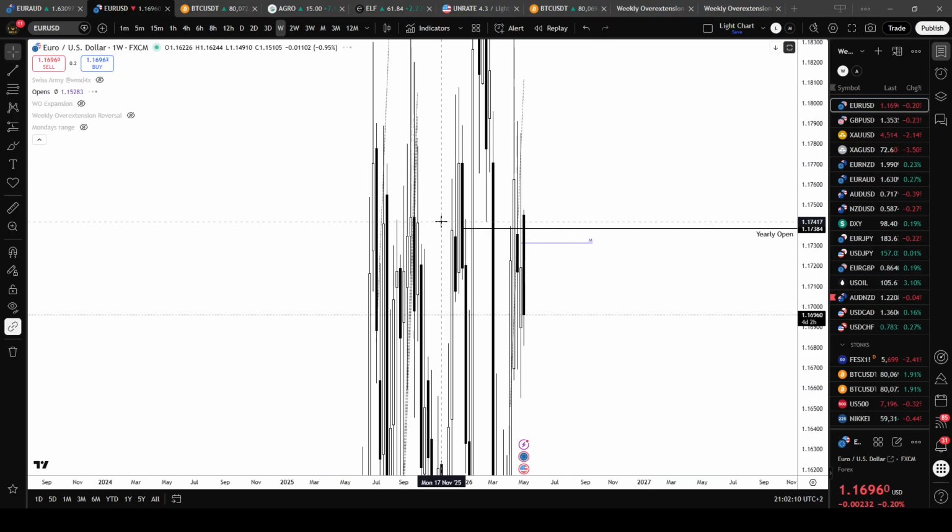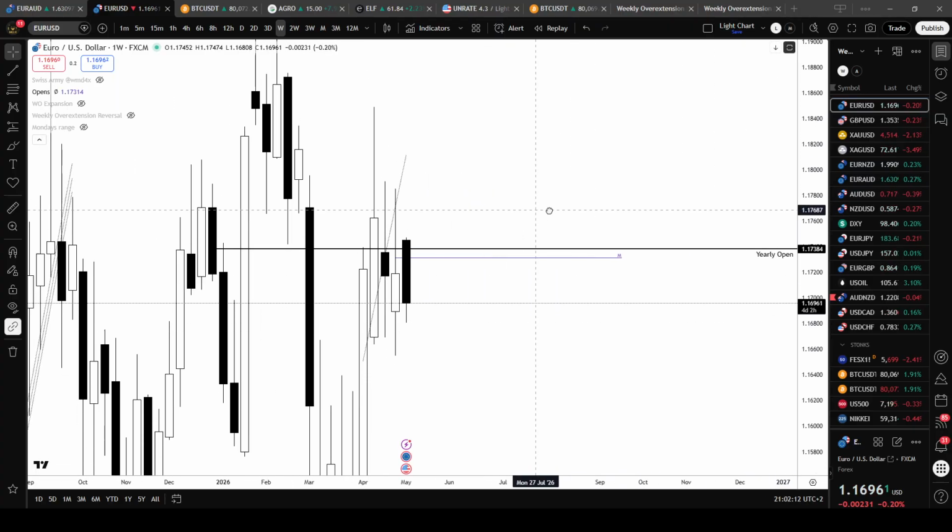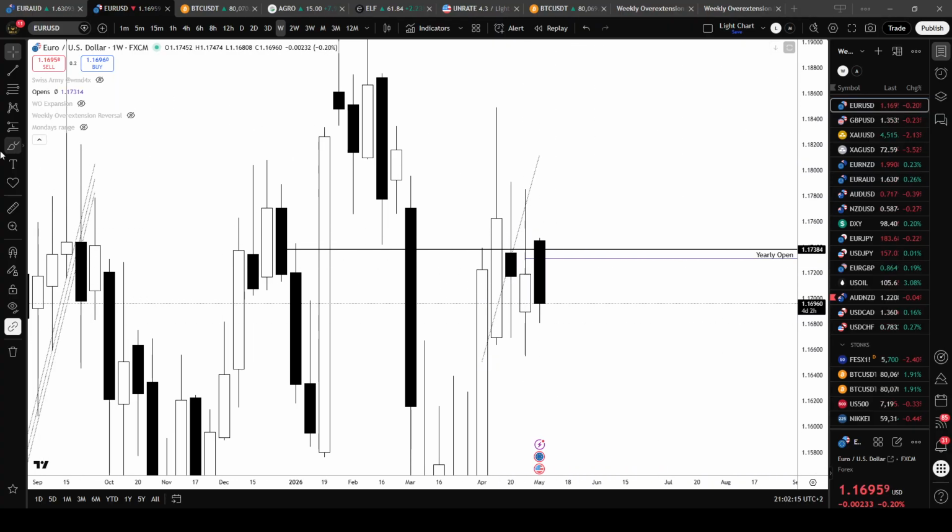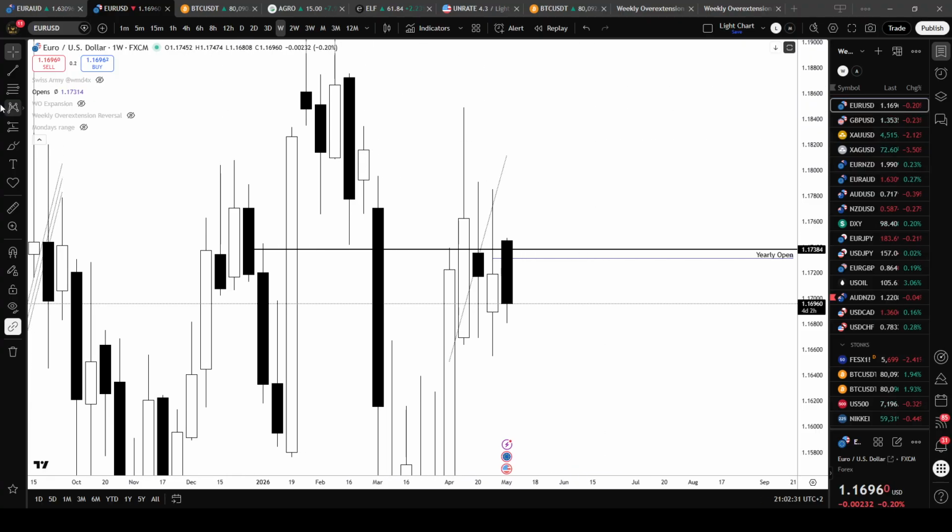So if we go to the weekly time frame, even though we got all that move, the market closed nearly at the same price as the previous weekly closing price. So I was like, well, okay, we didn't break lower, but at the same time, we had two consecutive weekly failures above the yearly open, especially.